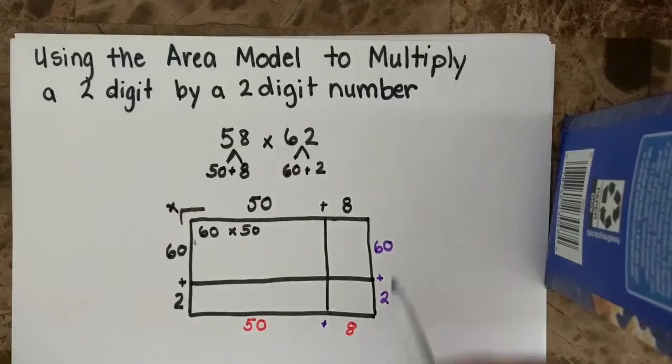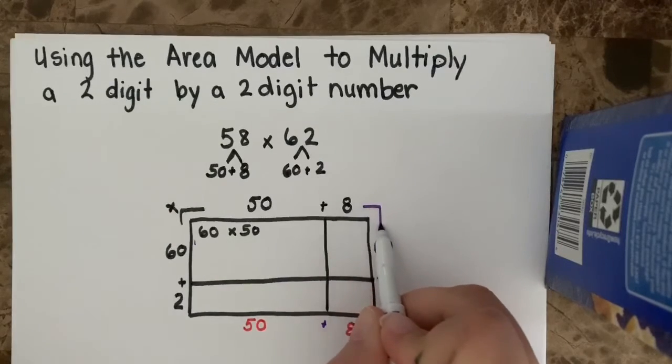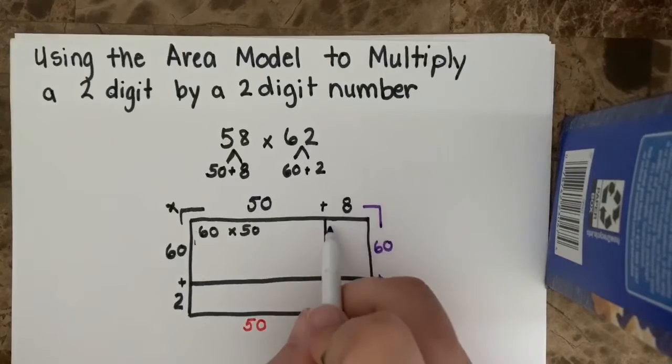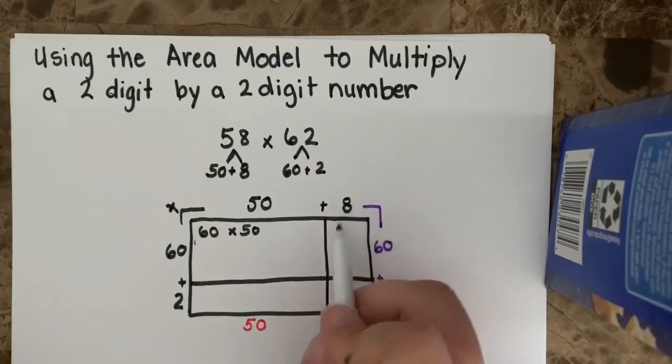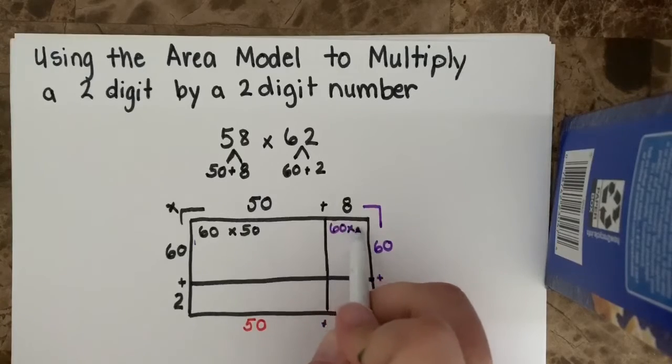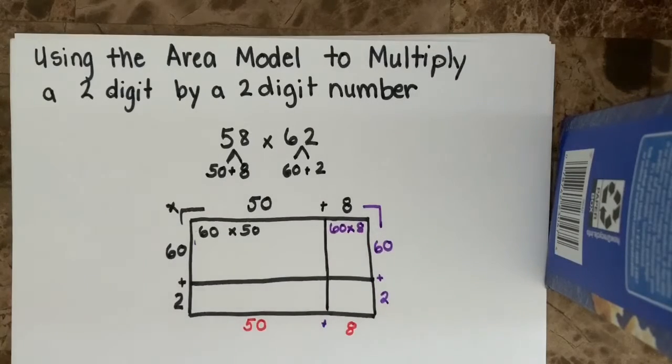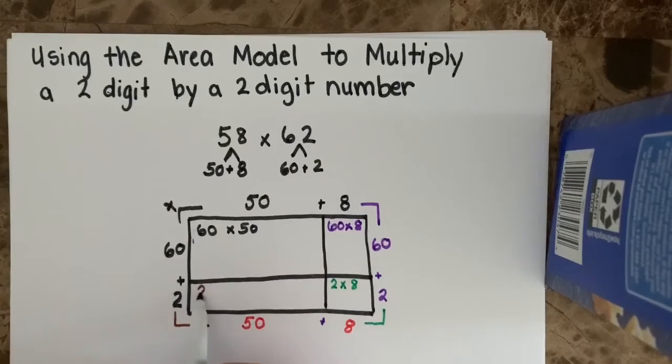Over here, I'm going to have 60 times 8. And in this box down here, we're going to have 2 times 8. And in this box right here, we're going to have 2 times 50.